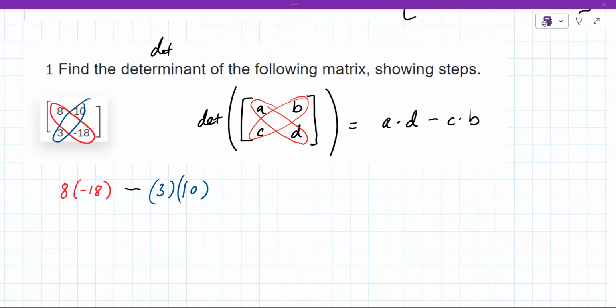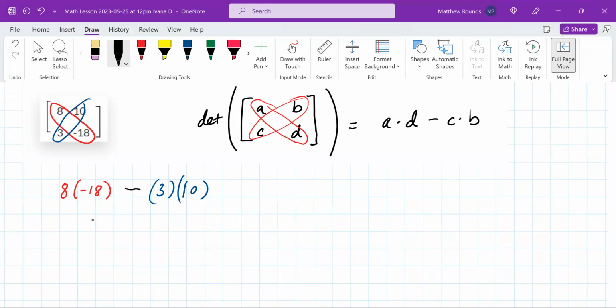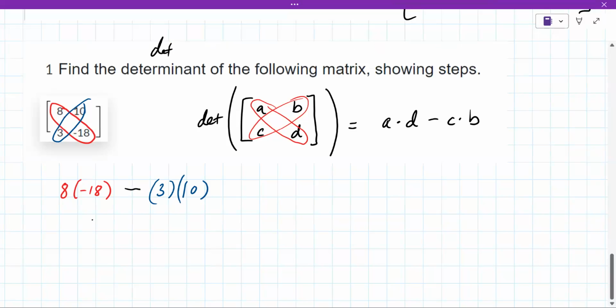So you'll have to grab a calculator and see what that comes out to. That'd be -174. Sounds correct.